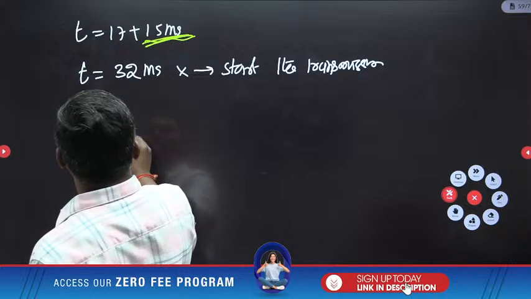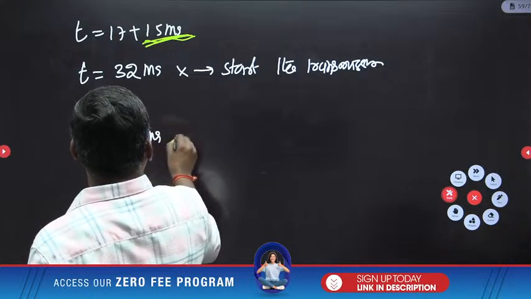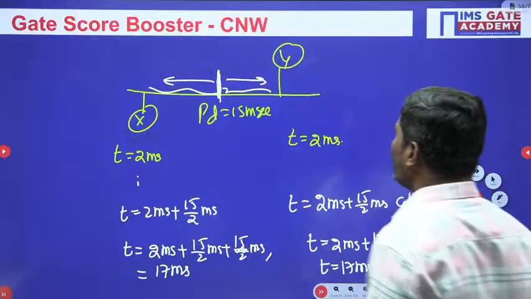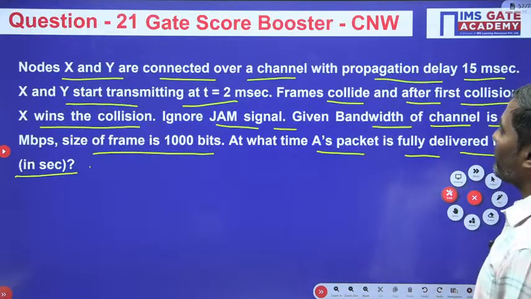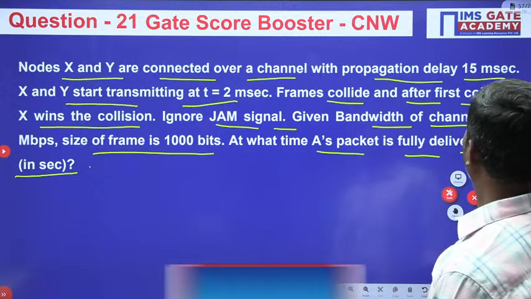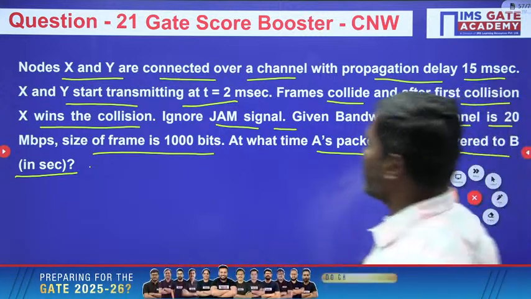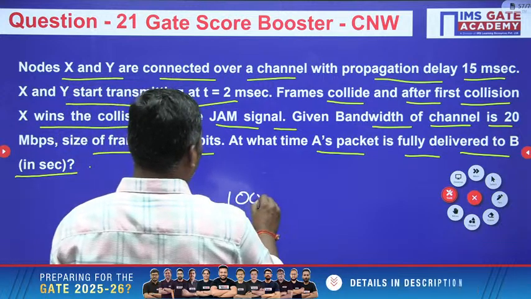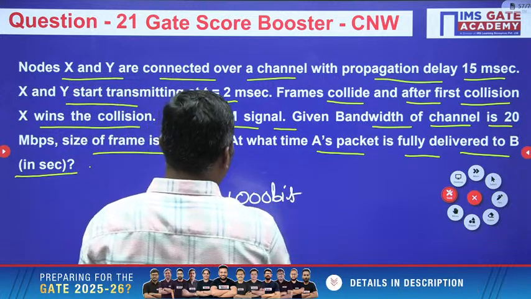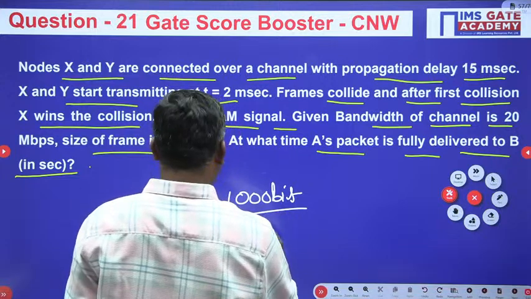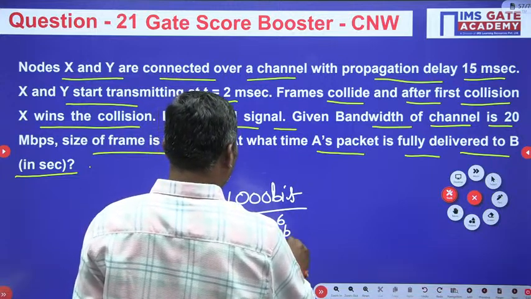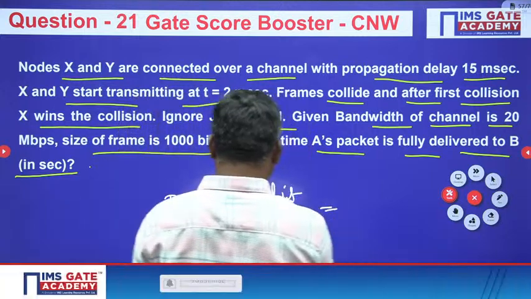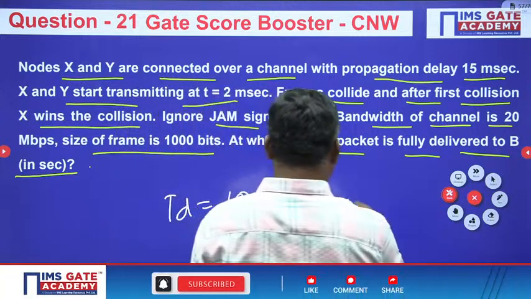At time t equal to 32 milliseconds plus transmission delay, can you calculate the transmission delay? Channel bandwidth is 20 megabits per second, frame size is 1000 bits. 1000 bits divided by 20 into 10 power 6 bits per second, so this value is 50 microseconds.